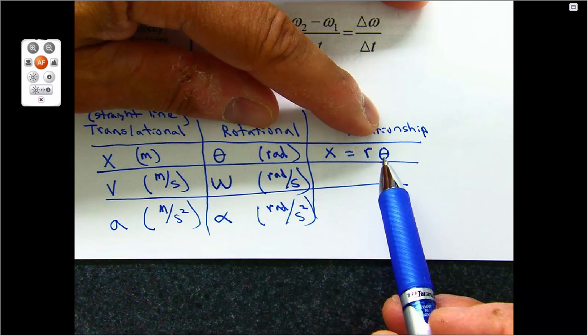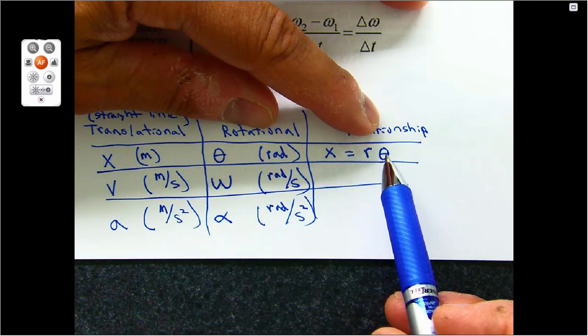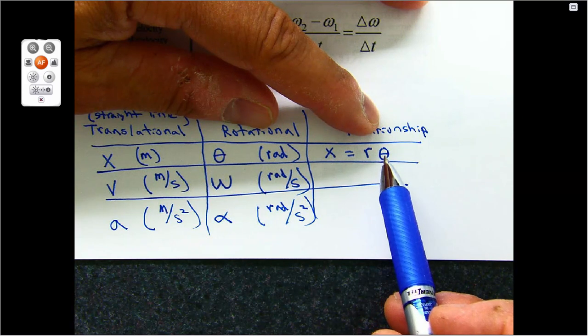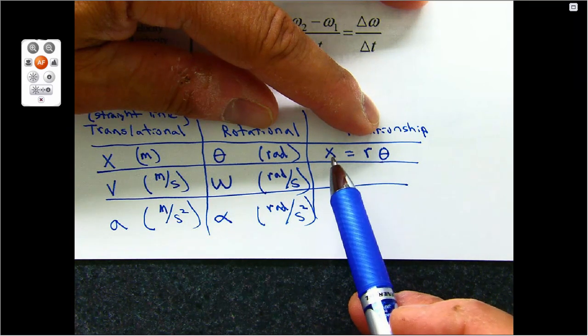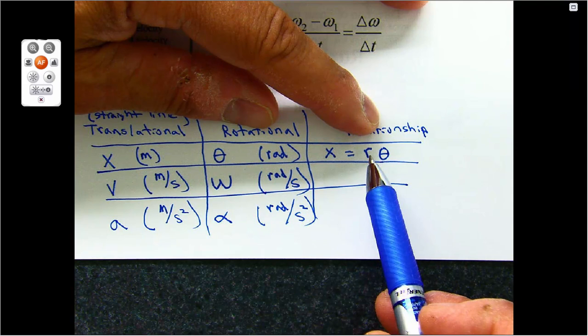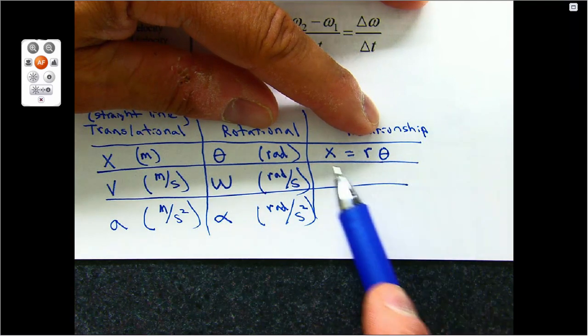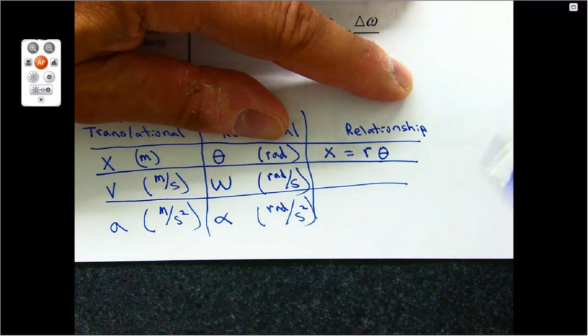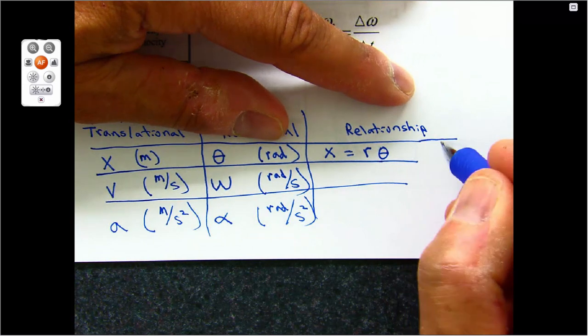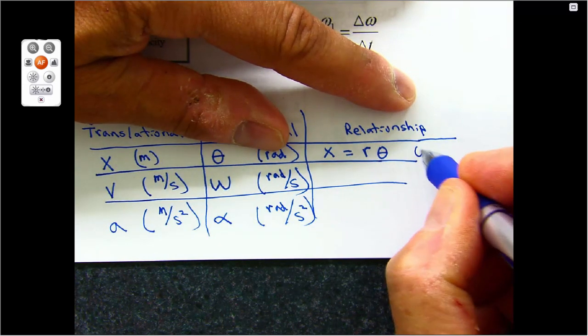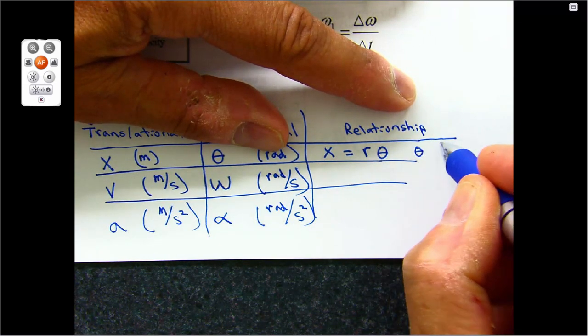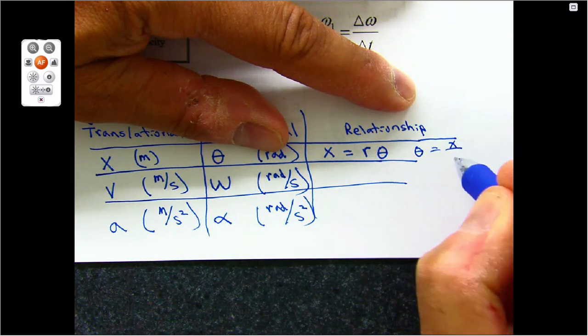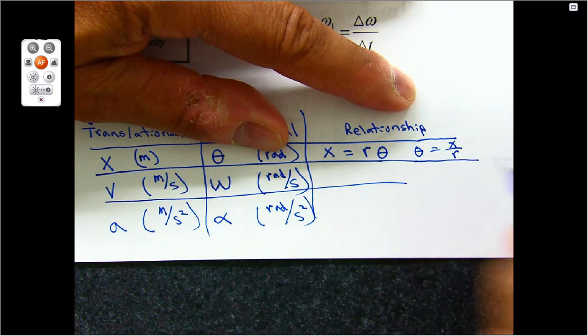If I don't consider radians a unit, this would typically be in radians. Do I have meters equal meters for units, right? This would be in meters. That's what you want to do. Just make sure your units work out. Your book might present it like this. Same thing, right? X over R.